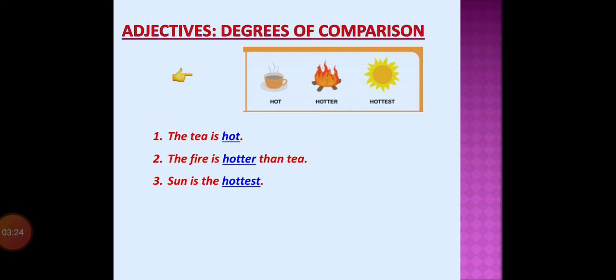In such a case, we use the word hotter than. And the last one is: sun is the hottest. Among all the things, sun is the hottest. There is nothing hotter than sun. Sun has the highest degree of hotness.